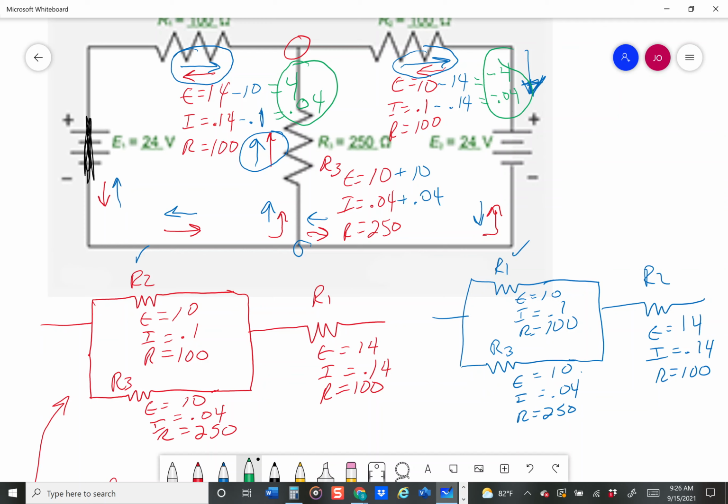And when I come over here to R3, 10 plus 10 is 20, and 0.04 plus 0.04 is 0.08. That is my, I'll call it, quick and easy version of how superposition works.